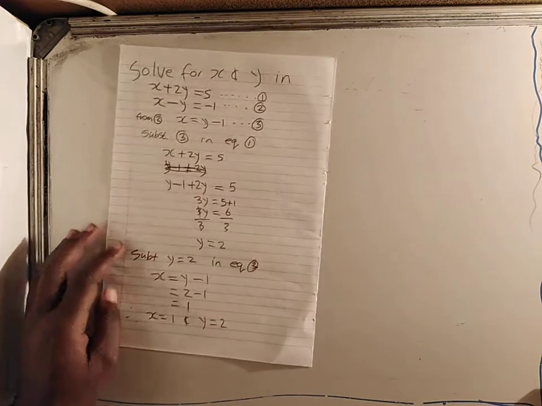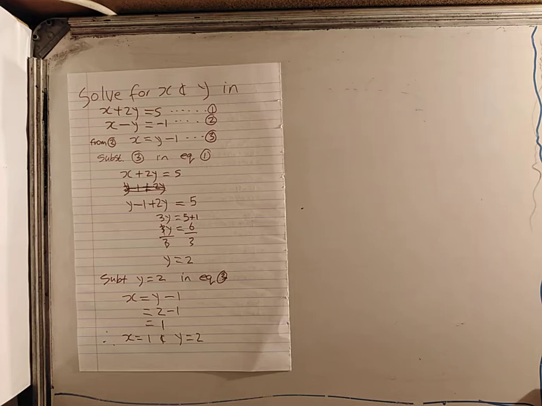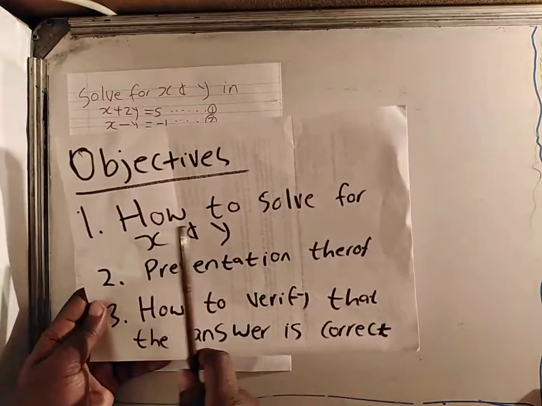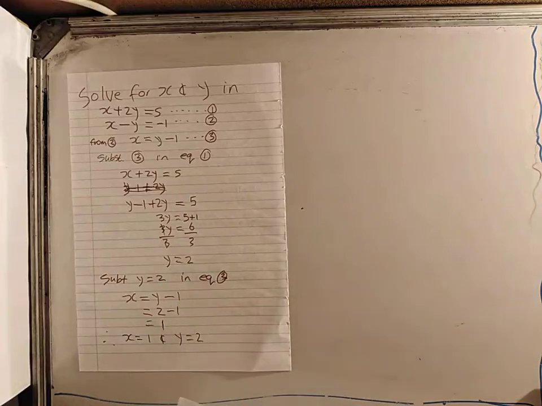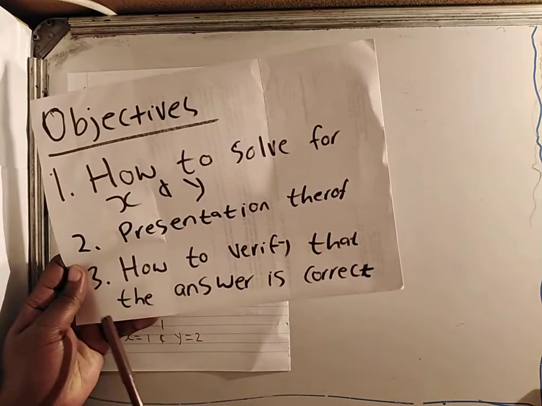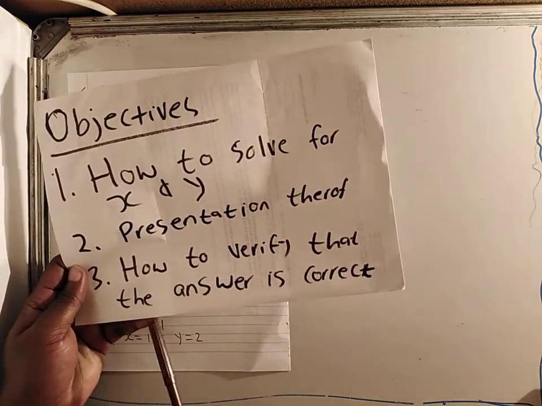Now there is a question that follows that one. Remember, when we're speaking about the objectives, we're supposed to solve for x and y, and then presentation, you saw how this is presented, and then 3, you have to verify if the answer is correct.